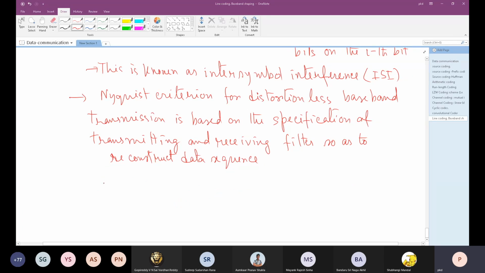So y(t) is determined solely by ak and p(t), because mu is independent of k. Though in practical cases mu to some extent depends on k, here we have assumed mu to be independent of k.